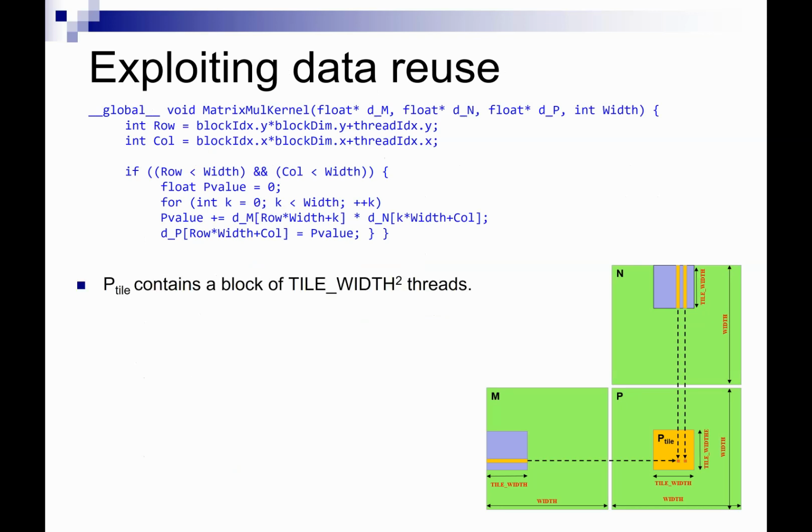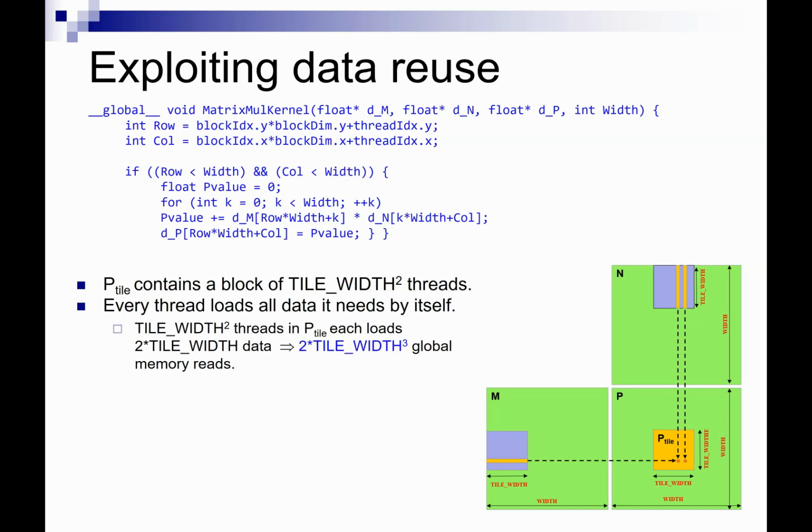Suppose we're doing matrix multiplication, and you have a block of threads over here, this yellow block P. Let's say the dimensions of this are tile width by tile width, so we have tile width squared threads within this thread block.